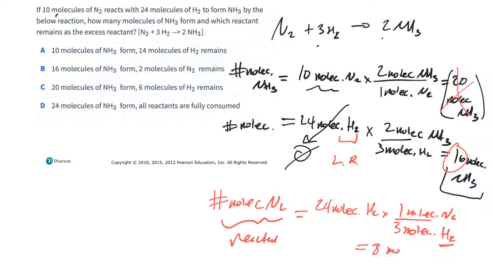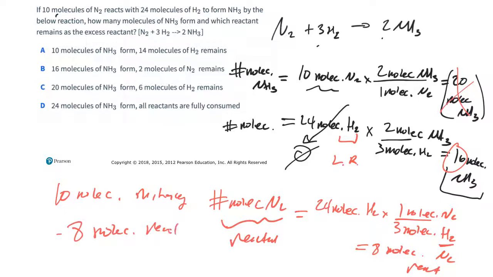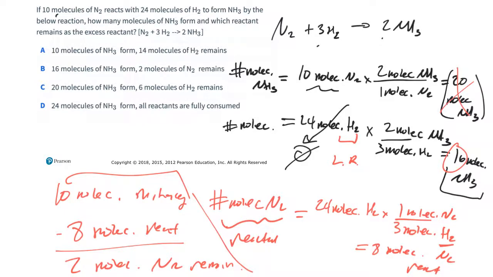So that's 8 molecules of N2 react. And then I can remember or just know that, well, if I have 10 molecules initially, without a BCA chart, I should be able to just subtract the 8 molecules that react and be left behind with the 2 molecules of N2 that remain. So we can apply some thought and use a dimensional analysis string to solve these problems as well. So we have make a picture, use a BCA chart, or use dimensional analysis as our key problem-solving techniques.